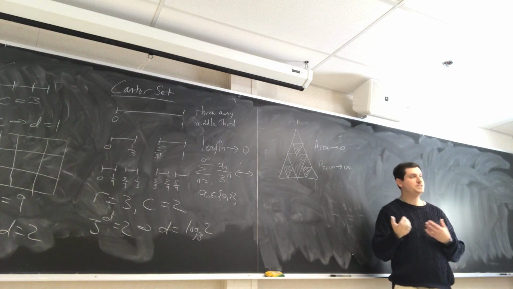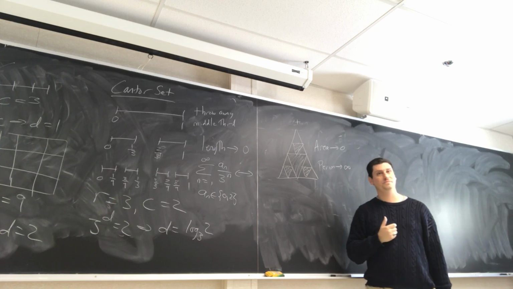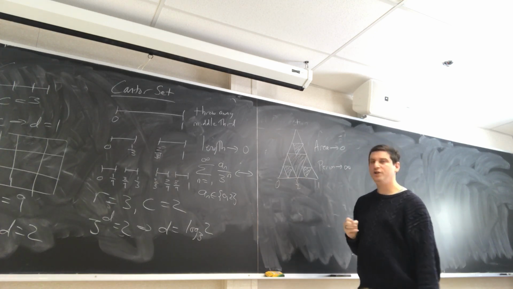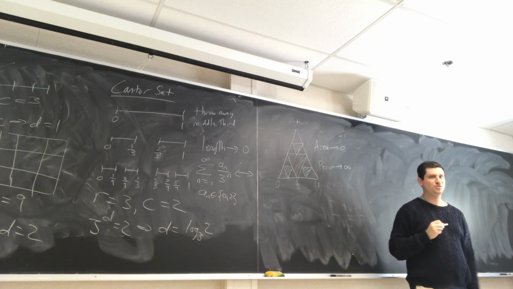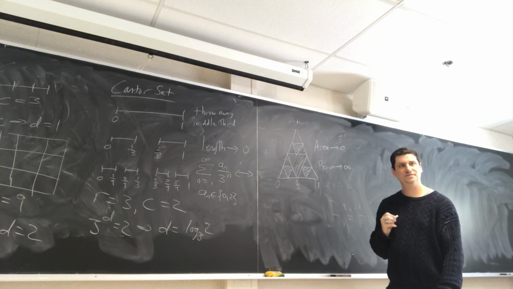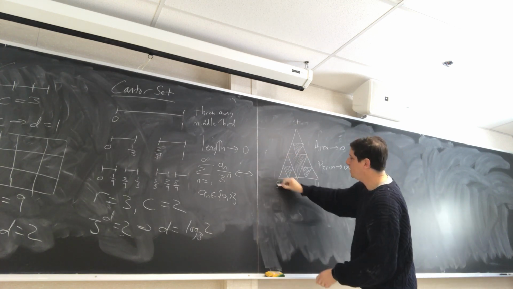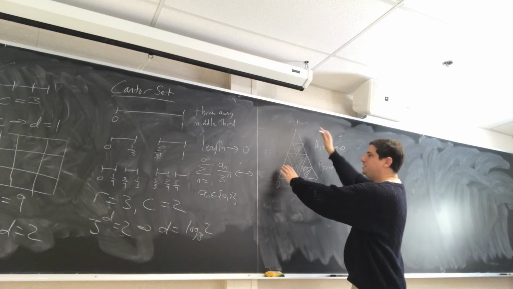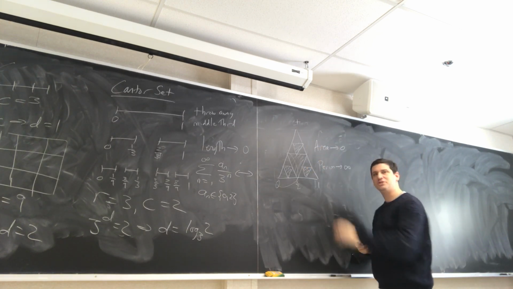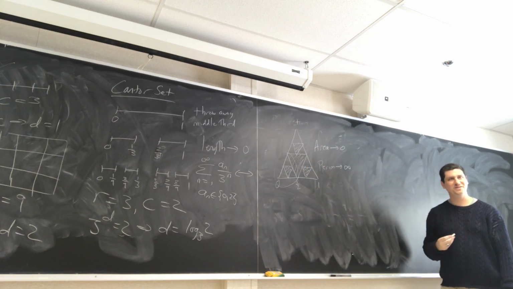The dimension of this is somewhere between 1 and 2. So if this is 0, this is 1/2, and this is 1, do you want to double everything or do you want to triple everything? Double. And then this triangle over here, when you double, expands to the whole thing. This would expand to a whole thing, and this would expand to a whole thing. How many copies do we get?